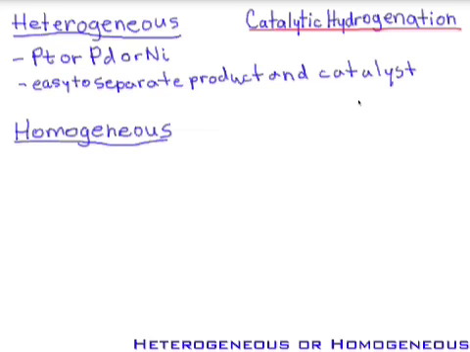In homogeneous catalysts, the catalysts are organic complexes of transition metals. You may have some kind of rhodium or iridium compound. These compounds, called complexes, are soluble in the solvent. They dissolve in the organic solvent. And so the reaction takes place in a single phase.